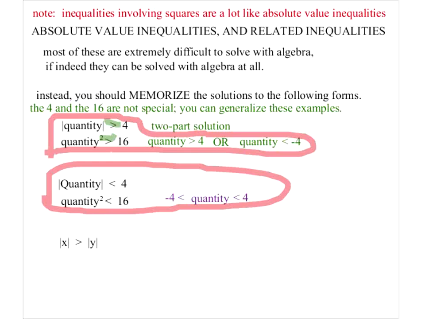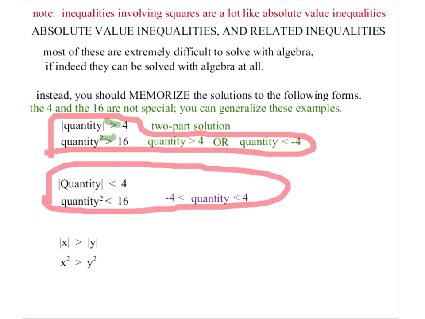Finally, there's this one, which in fact is equivalent to, there's going to be some exponents coming, so be patient. These two inequalities are actually exactly the same.